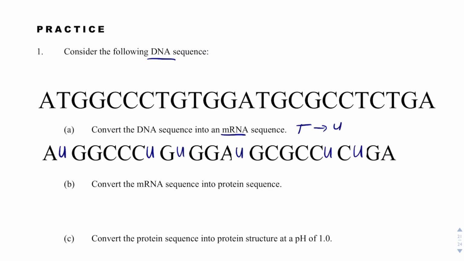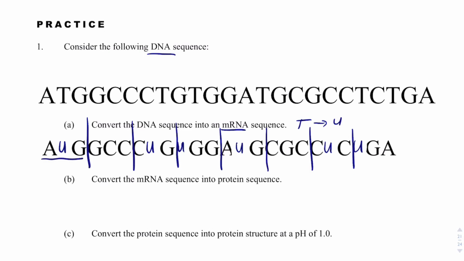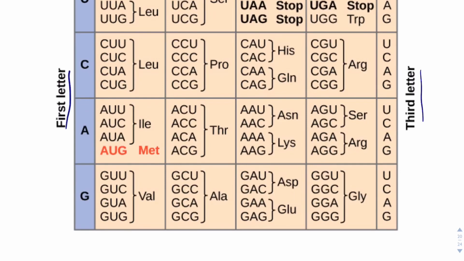Okay, now this is my messenger RNA, and I'm going to convert that messenger RNA sequence into a protein sequence via codons. So I'm going to break these into my codons, or my groups of 3. Let's hope I can do this well. I know that my first codon is going to be AUG, and it should be a start codon. So when I go up here, I find AUG, and I see that it's going to be methionine.